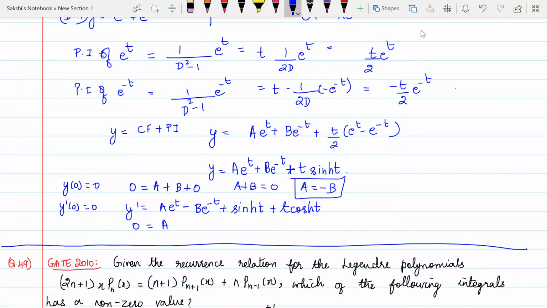This will be a minus b plus sine ht. Sine ht at t is equal to 0 will be 0, plus this will be t. At t is equal to 0, this entire term will go to 0. This will also go to 0. So you have a is equal to b here.